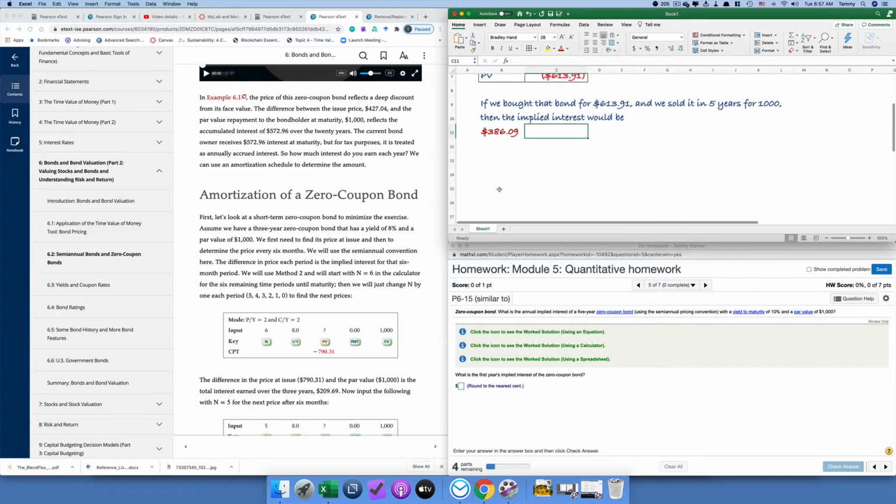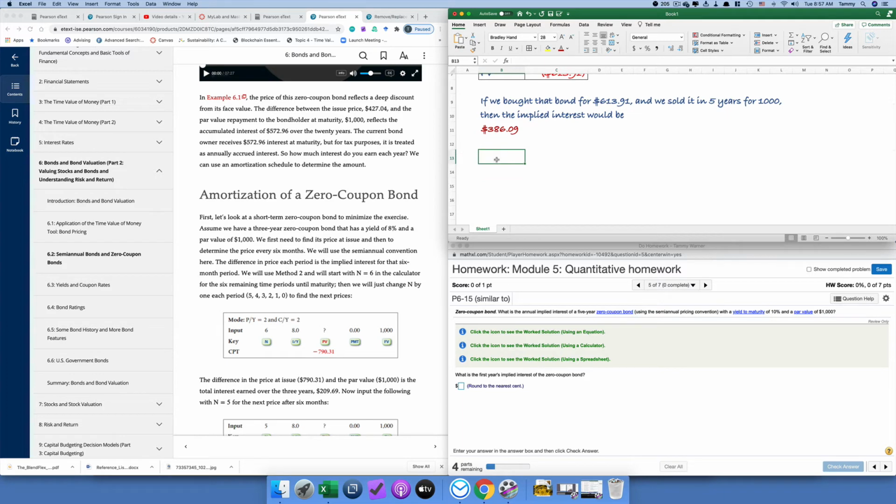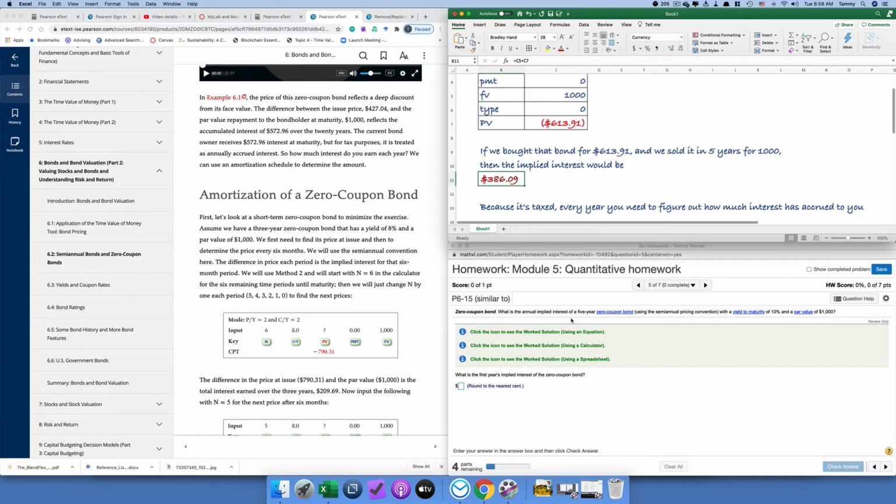So, because it's taxed, every year you need to figure out how much interest has accrued to you every year. So your question is, what's the first year's implied interest on the zero coupon bond?